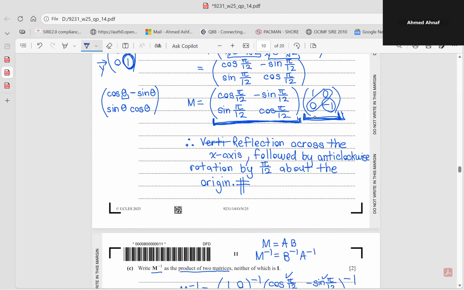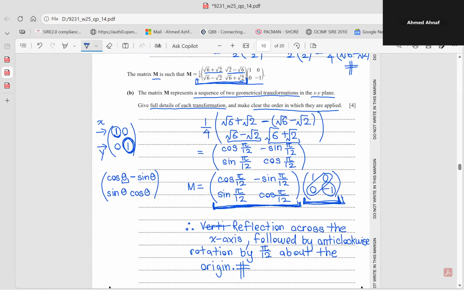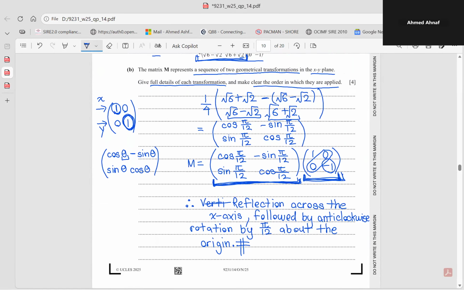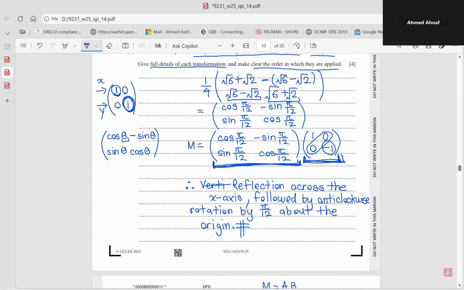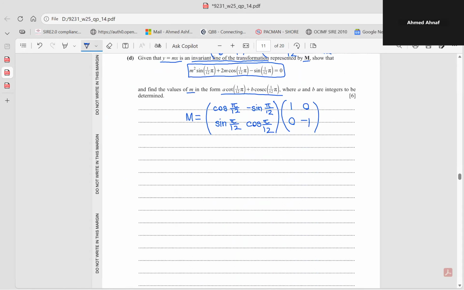Let me see if I copied down correctly. Yeah, I did. Okay. So now we're going to multiply both matrices together to express M as a single matrix.